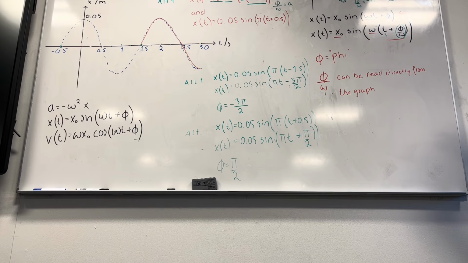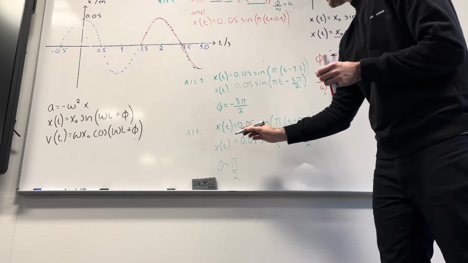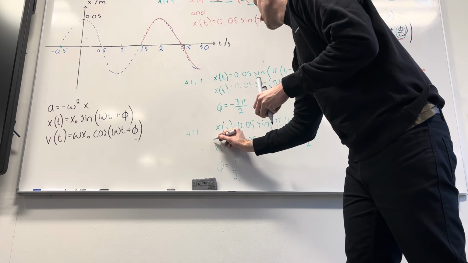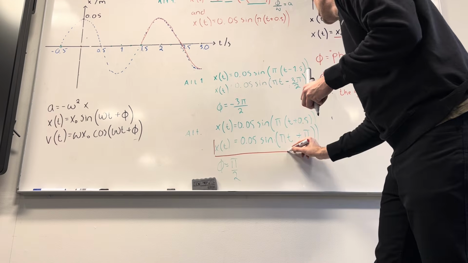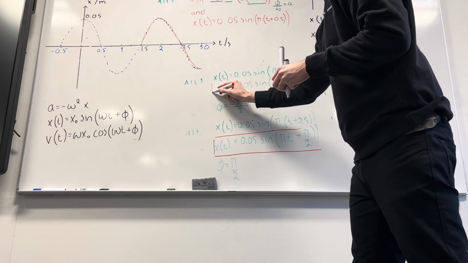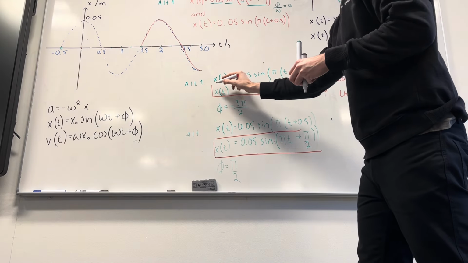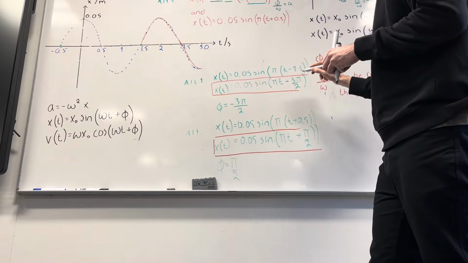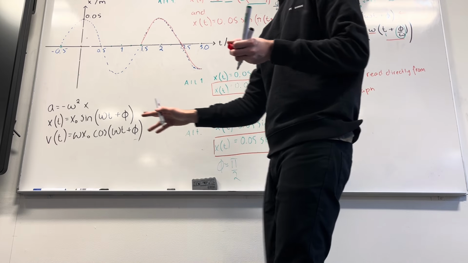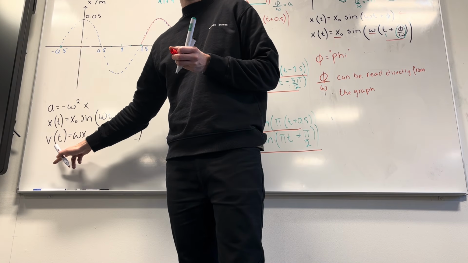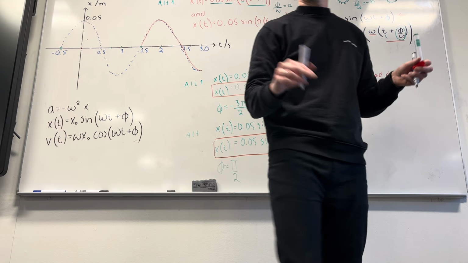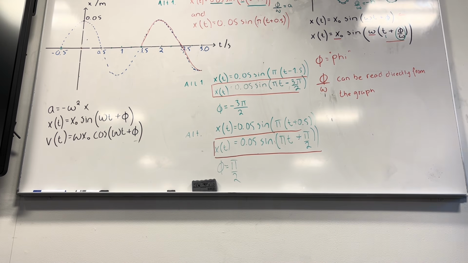And once I have this function here or this one here, I can then pretty easily make my velocity function just by multiplying by omega and changing sine to cosine.